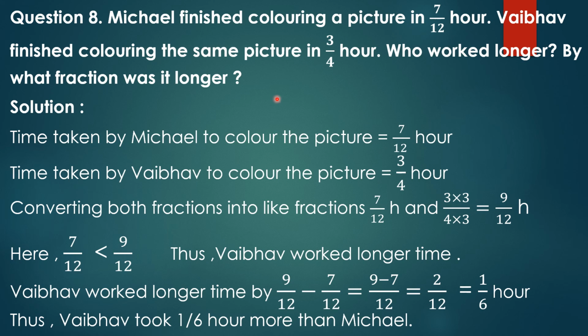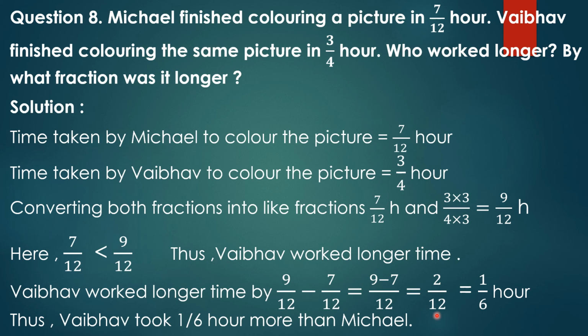By what fraction was it longer? That we have to find out. Vaibhav worked longer by how much? 9 by 12, because 3 by 4 is nothing but 9 by 12, minus 7 by 12. Since the denominators are the same, subtract the numerators: 9 minus 7 is equal to 2.